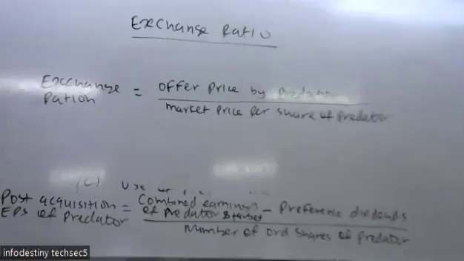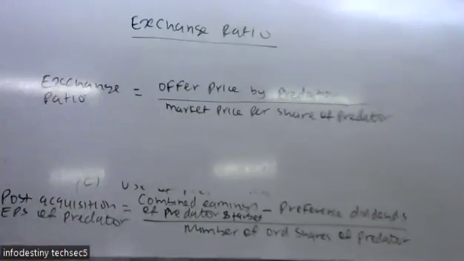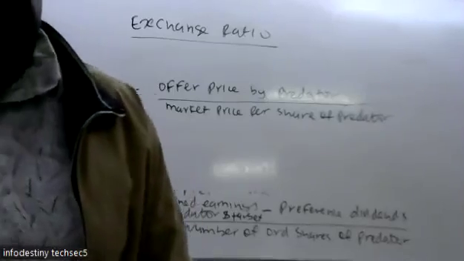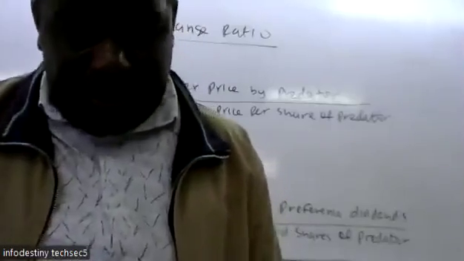So the exchange ratio will simply be given by the offer price by the predator divided by the market price per share of the predator. That's how we shall be coming up with the exchange ratio.